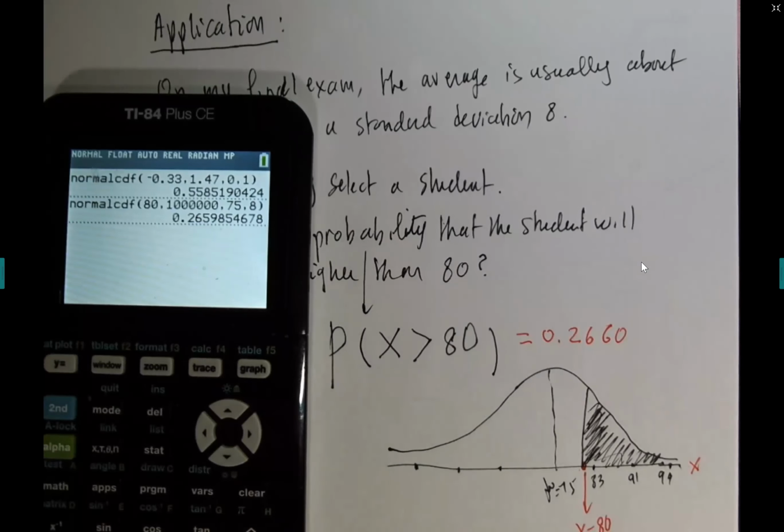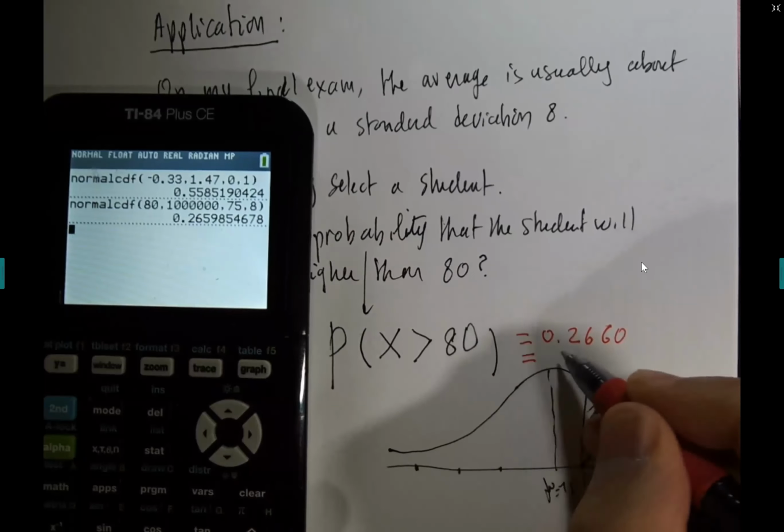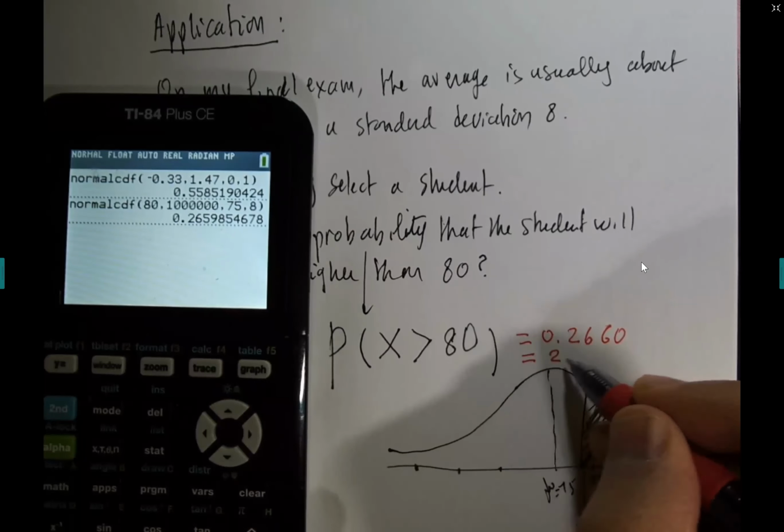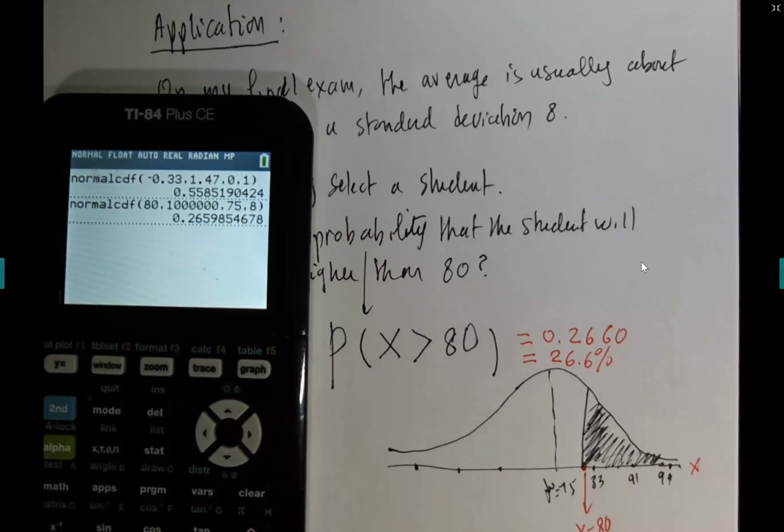So there is, change it to a percent for me, guys. What would be the percent? 26.60. So if someone asks you, what's the chance that someone will get over 80 in Mr. Bazzi's class on the final exam, you tell them that it's 26.6% chance, which is very good chance.